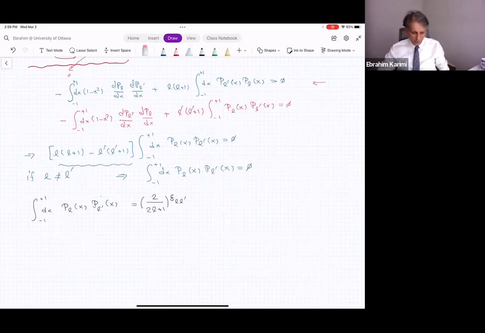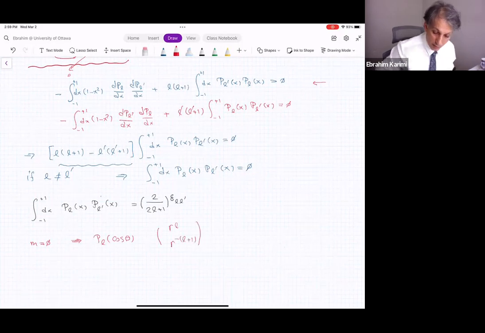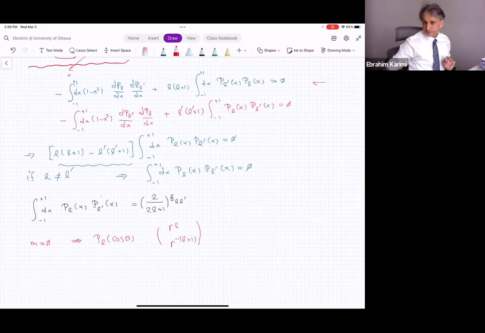Now for the case that m is equal to 0. When m is equal to 0, then we know the solution for theta is P_L of cosine theta, and the solution for the radial part is given by either r to the power of L or r to the power of minus (L plus 1). Okay? Is that clear?